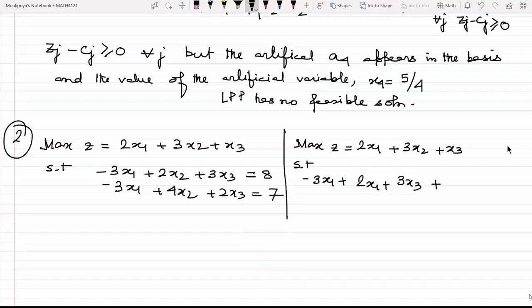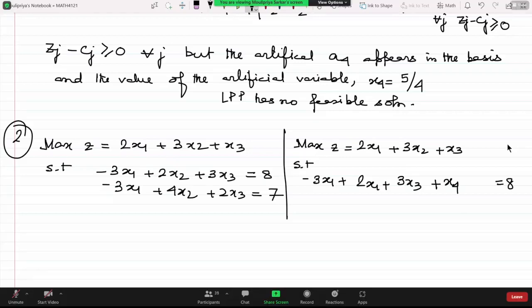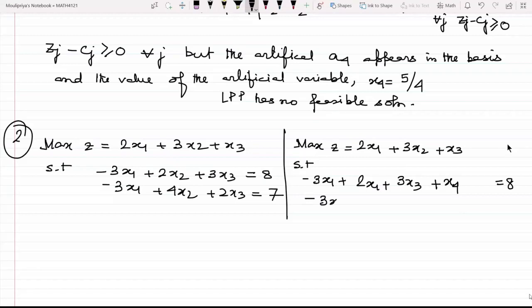Always do remember, we want an identity matrix to be your initial starting vectors. For that we have no other option but to introduce two artificial variables, x4 and x5. Because in this case, slack or a surplus is not going to help the purpose. So we have minus mx4 minus mx5.